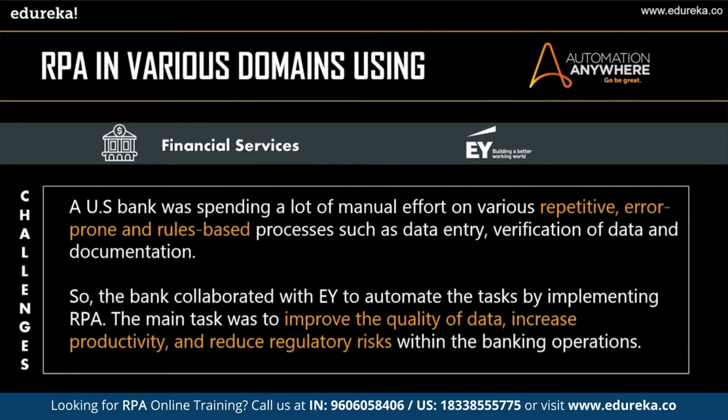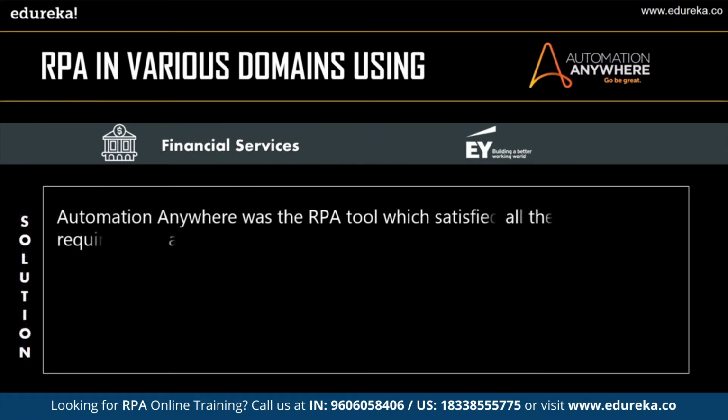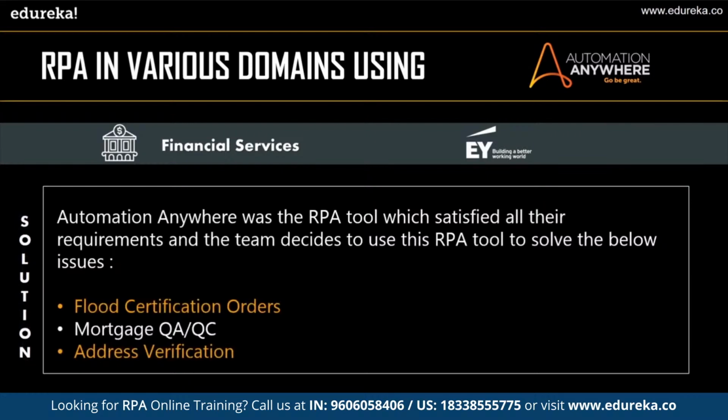Based on these factors, EY started researching the top RPA vendors and then zeroed in on Automation Anywhere. For them, Automation Anywhere was the RPA tool which satisfied all the requirements, and the team decided to use this RPA tool to solve the issues of flood certification orders, mortgage, QA, QC, and address verification. So let's discuss one by one how these problems were solved.